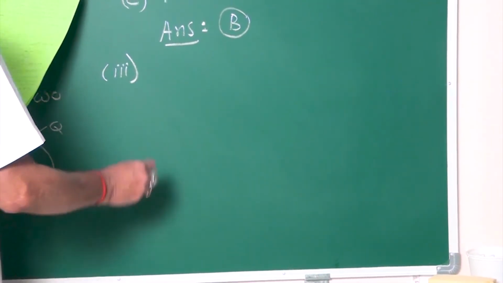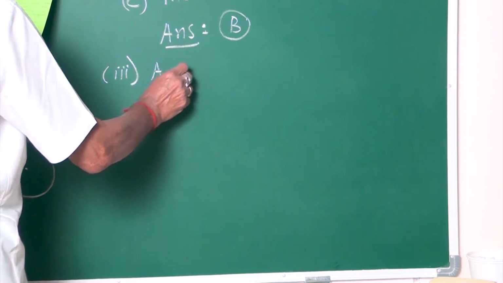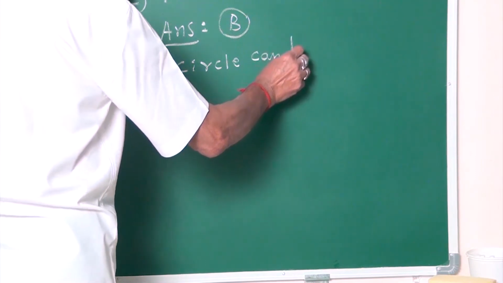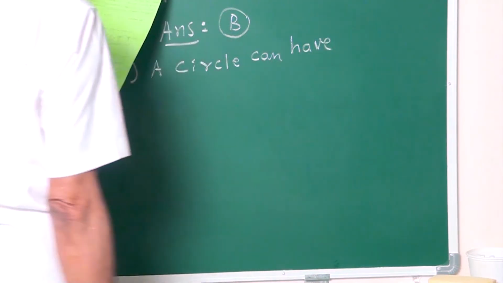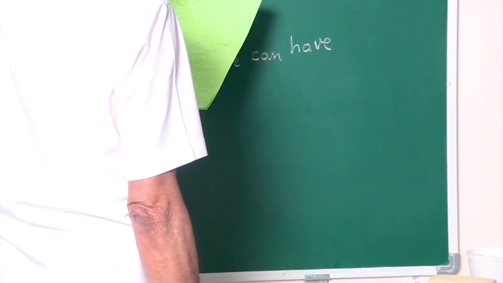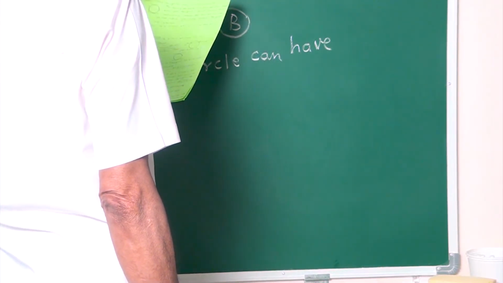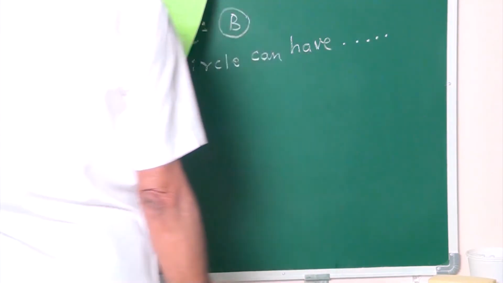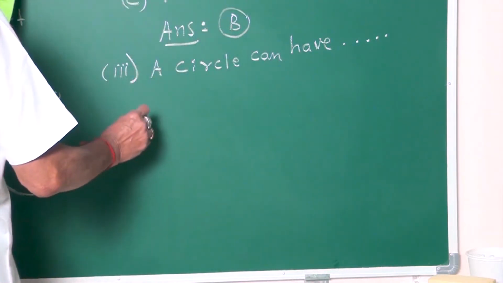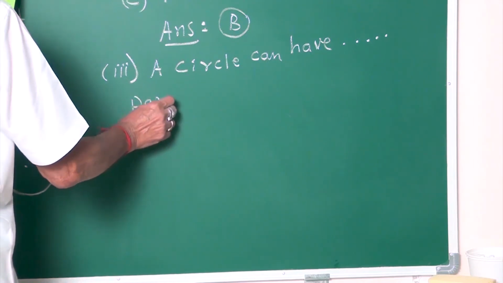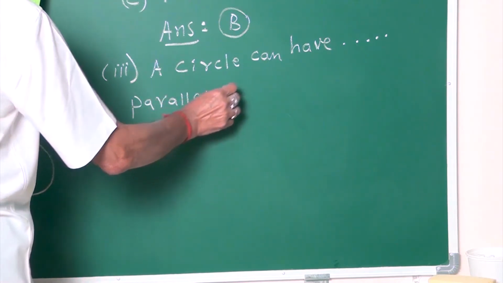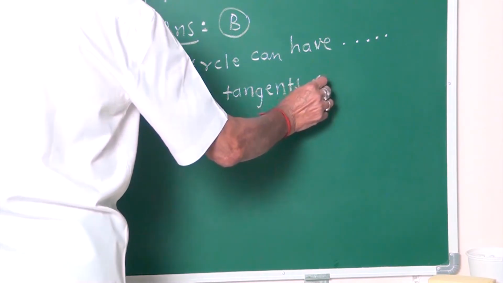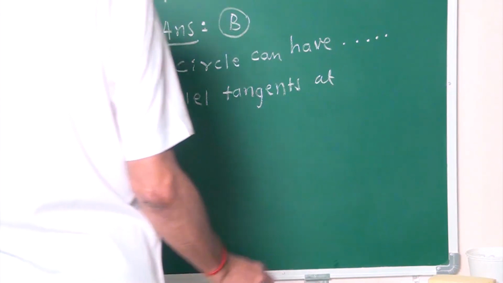A circle can have dash parallel tangents at the most.